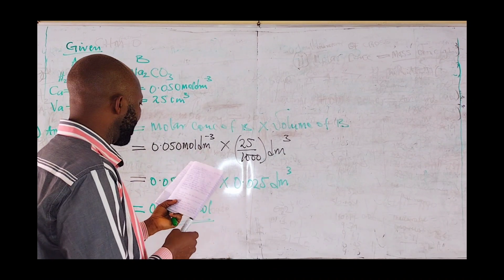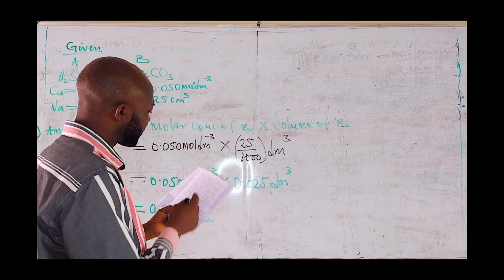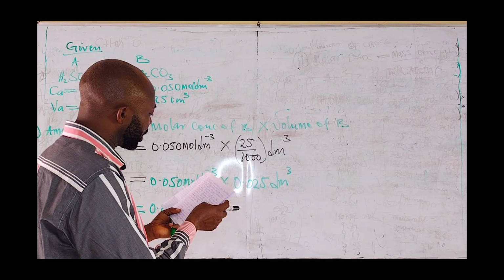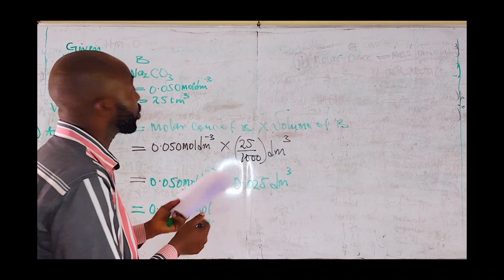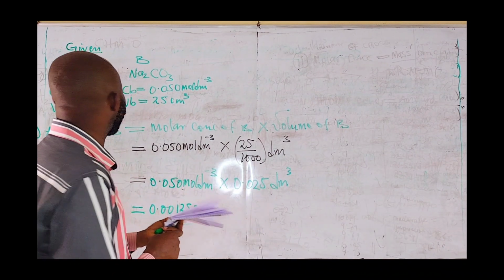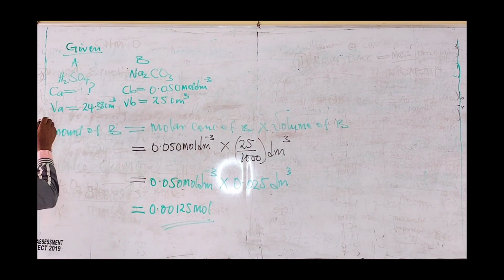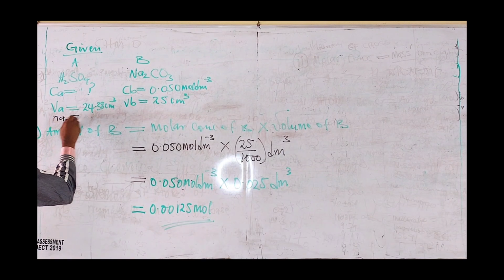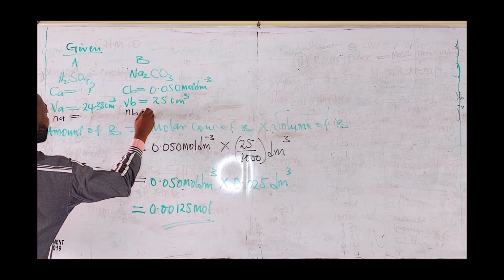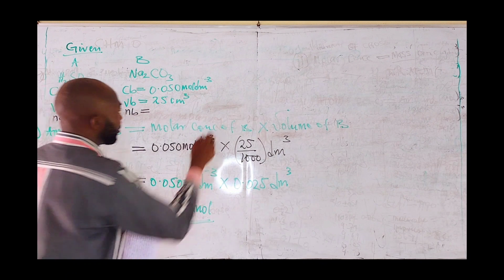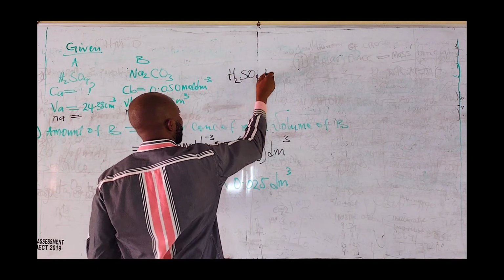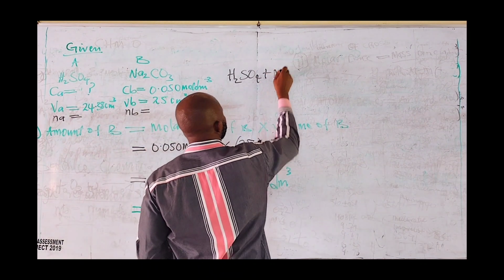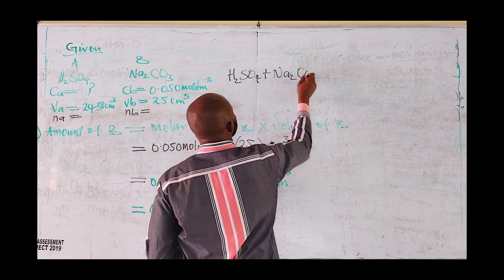So remember, we're dealing with the acid H2SO4 and sodium carbonate, Na2CO3. So the equation of reaction, so that I'll be able to get my Na and my Nb. Let me write it here. From the equation of reaction now, I have H2SO4 plus Na2CO3.